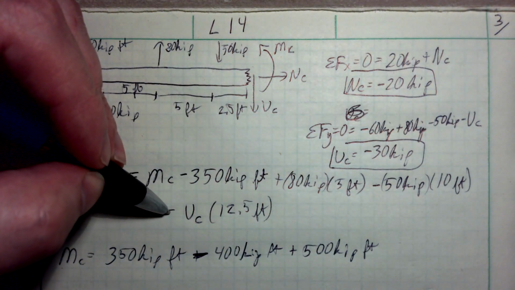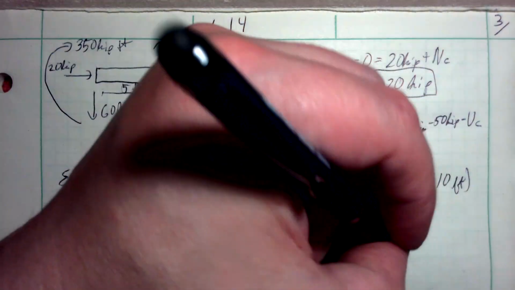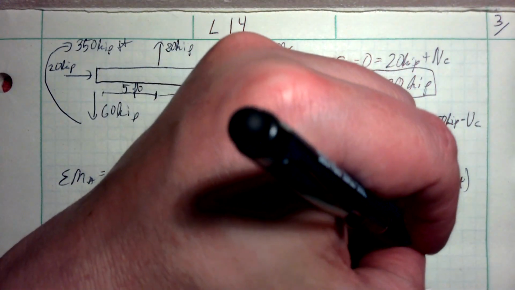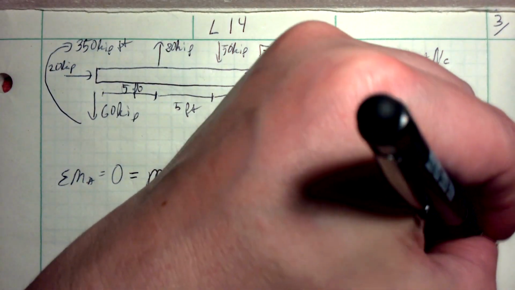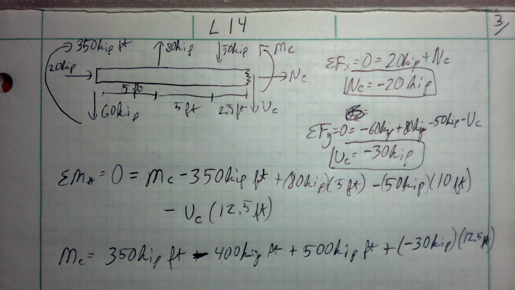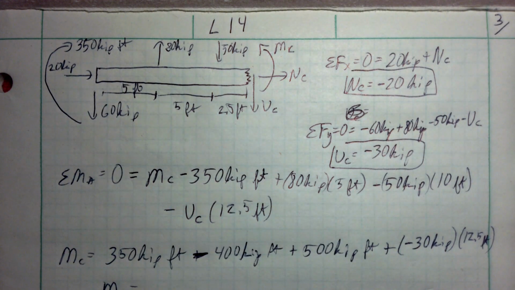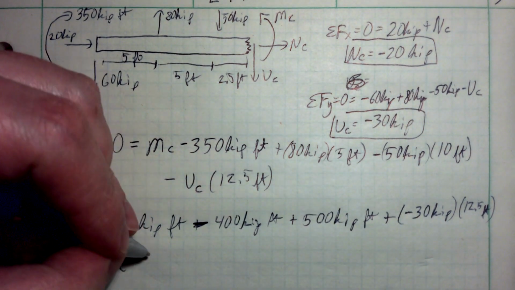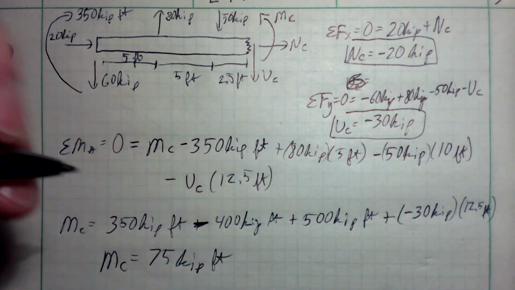And this is going to get added, but I'm going to plug in for VC this negative value, plus a negative 30 kips at a distance of 12.5 feet. I'm going to go through and do those calculations. I have written in my notes here, if you get something different, let me know, that MC ends up being 75 kip feet.